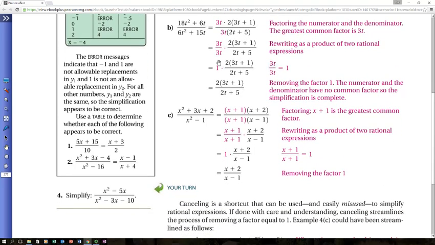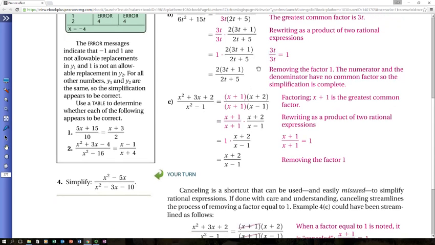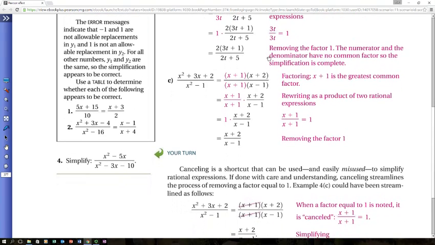I can rewrite this as 3t over 3t, which is 1, times this expression. A lot of times I see students do this: I would leave it this way, but you could write this as (6t plus 2) all over (2t plus 5). That works too, but you're taking an extra step that gives you the possibility of making some kind of math error. So I'd leave it just this way. Don't take additional steps if you don't need to.